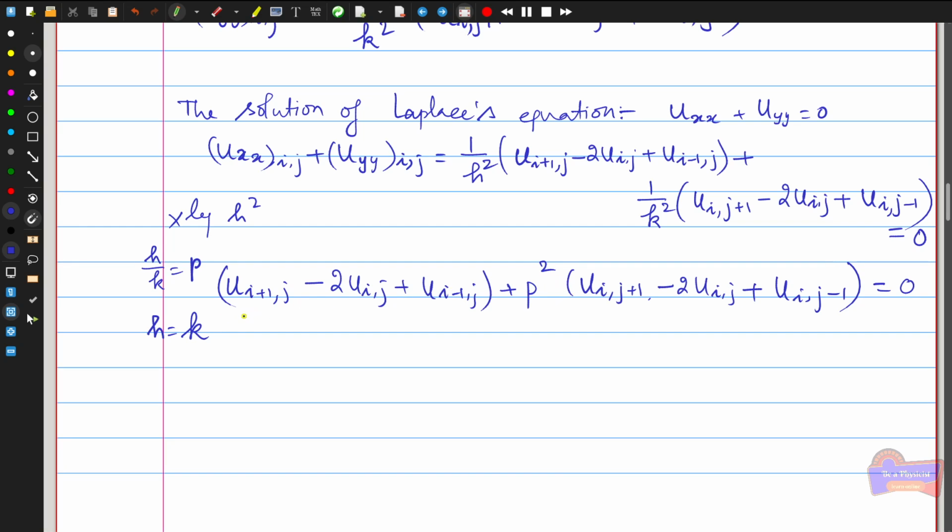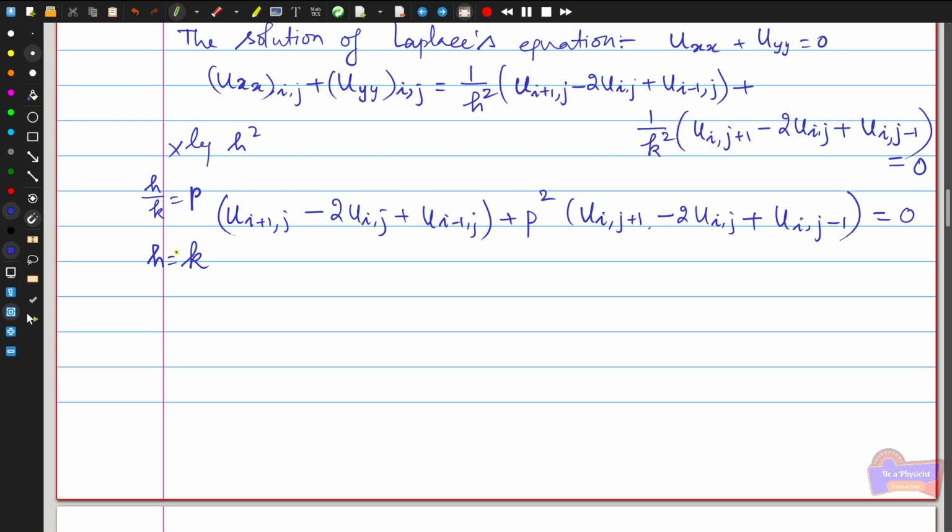So if you substitute this value with the assumption h equals k, and collect the coefficients, we can finally write the final form of this equation as u of i plus 1 comma j plus u of i minus 1 comma j plus u of i comma j plus 1 plus u of i comma j minus 1 minus 4 times u of i comma j, which is equal to 0.